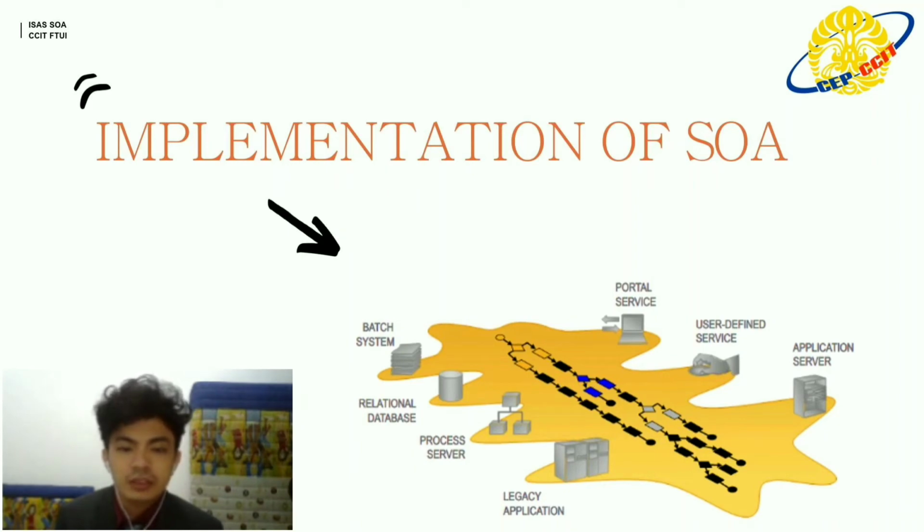The implementation of service-oriented architecture. An easy example of the implementation of service-oriented architecture is that it all focuses on the service to the customer, because they provide a service to a customer, so the customer can use the service and be satisfied because of the service.